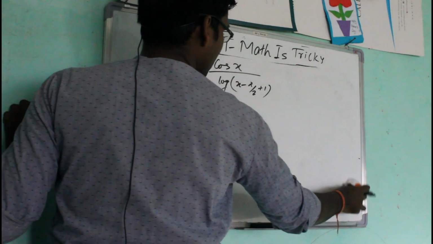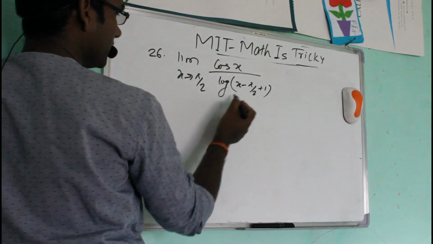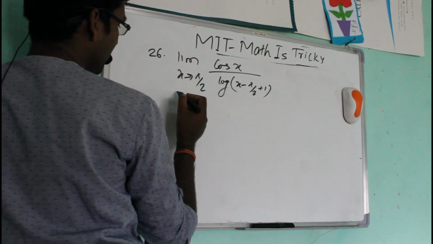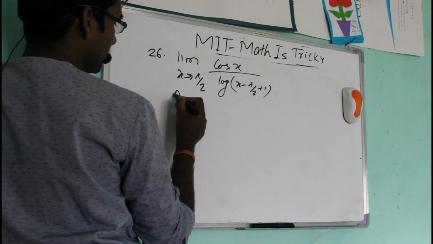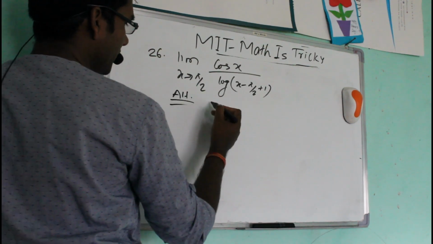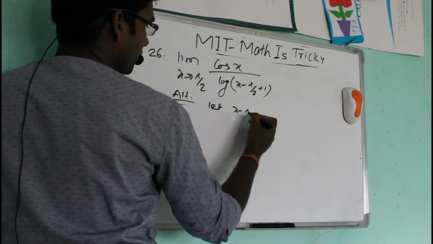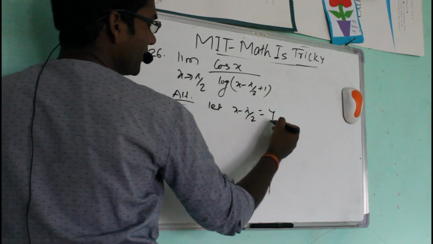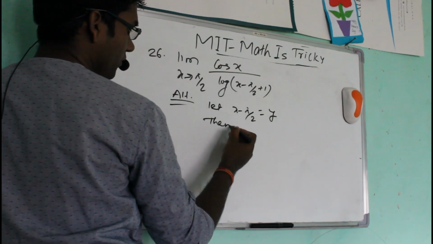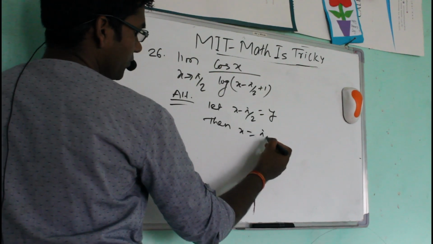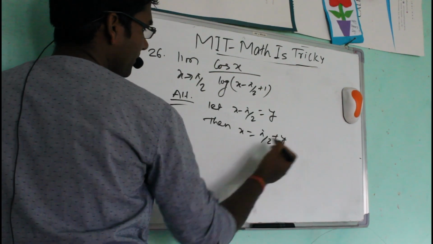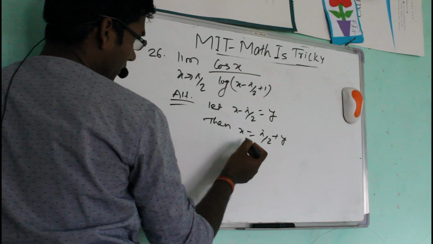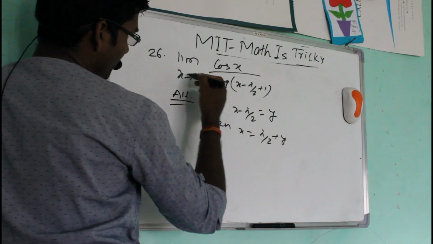So the next method is here. Alternatively, it can be solved. Let x minus pi by 2 be y, then you will be getting x equals pi by 2 plus y. As you change the variable, you have to change the limit also.